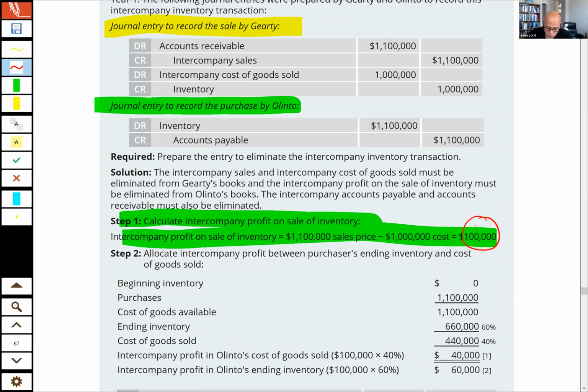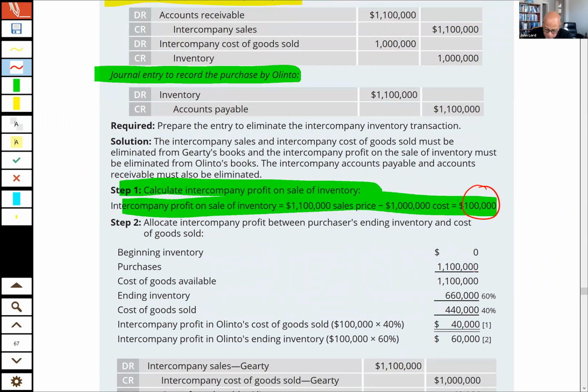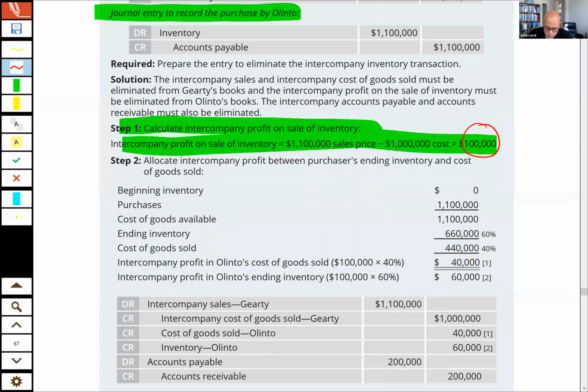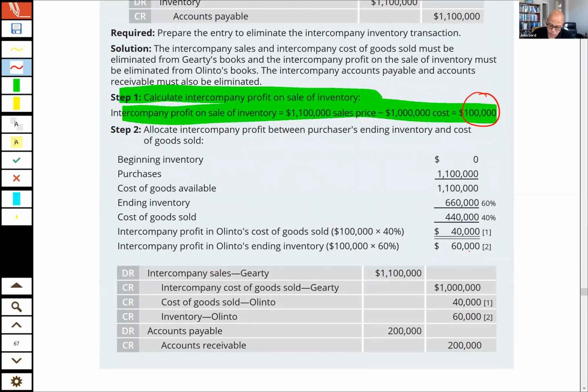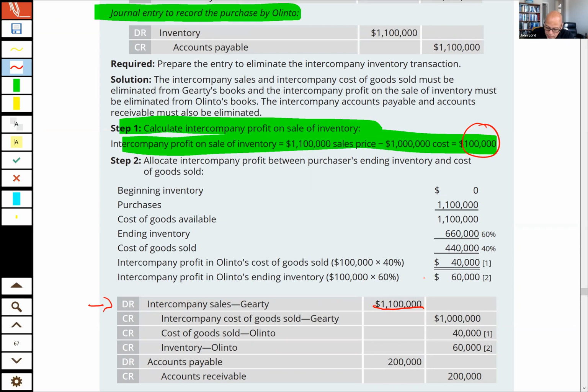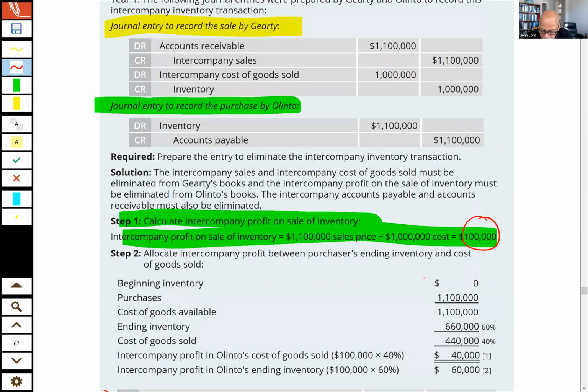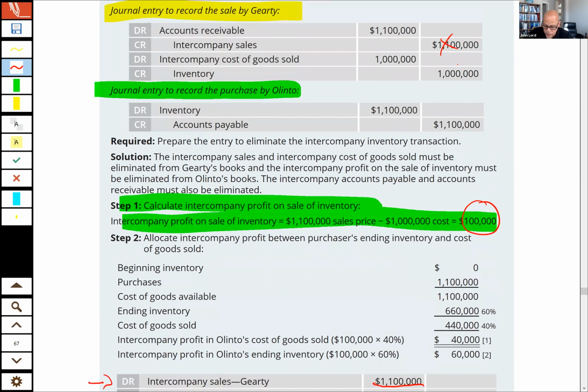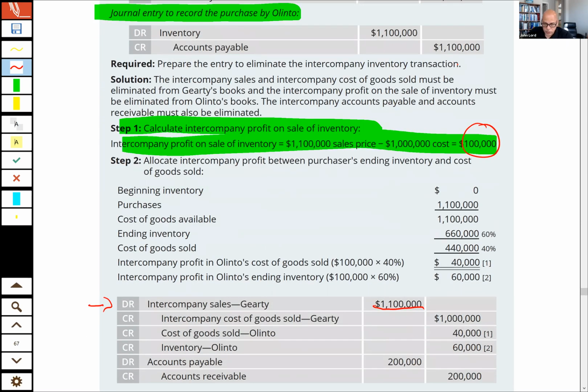Now let's first take a look at a couple parts of this journal entry that are pretty straightforward. Notice we get rid of the intercompany sale, the 1.1 million. That basically takes away that sale because you can't sell stuff to yourself. You don't have sales to yourself. Now we're trying to consolidate into one company.